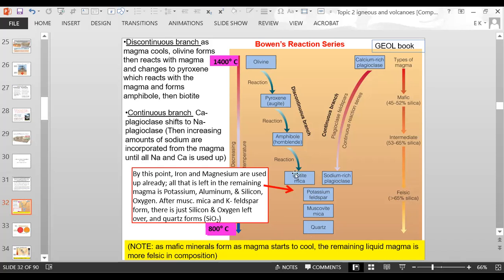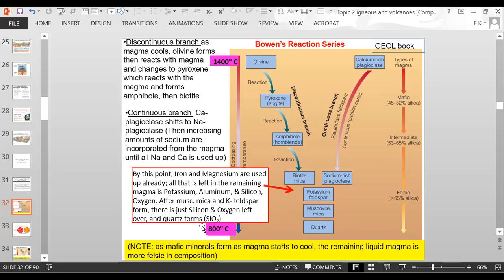All of the other components are now within minerals that formed solid crystals. The only thing left that didn't crystallize yet is silicon and oxygen, and that's what quartz is made of. So the last mineral to form is quartz. That's the only thing left.